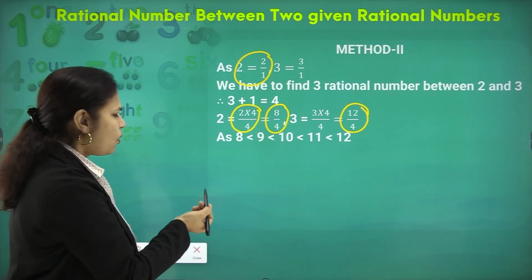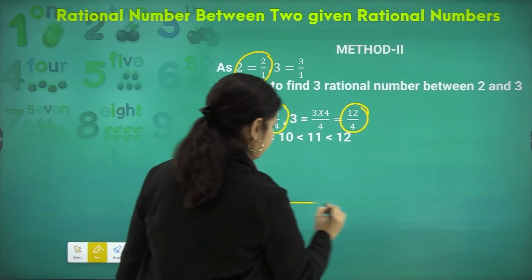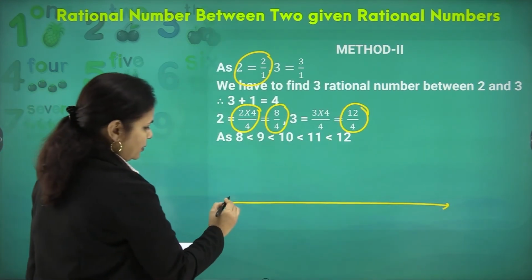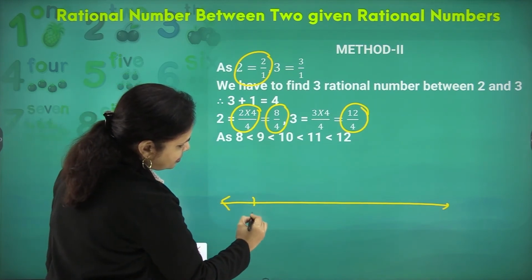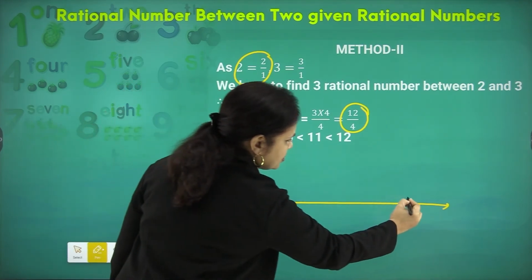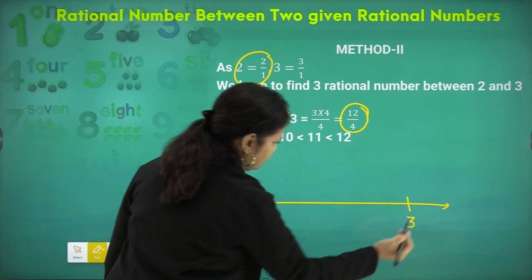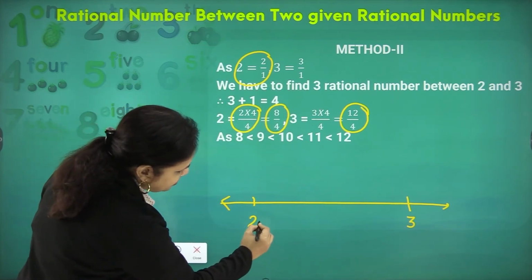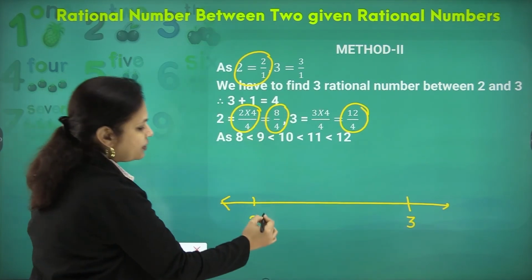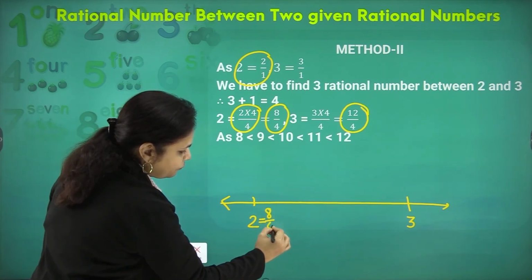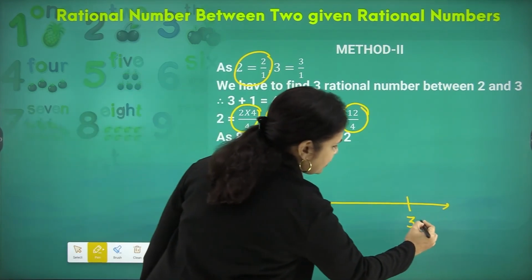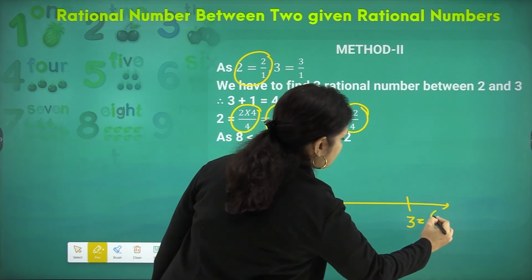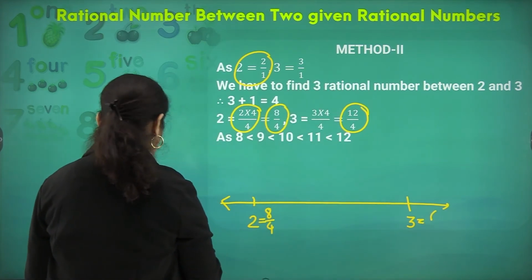Now, let us draw a number line. And this is my 2, this is my 3. I have converted 2 to 8 upon 4 and 3 has been converted to 12 upon 4.